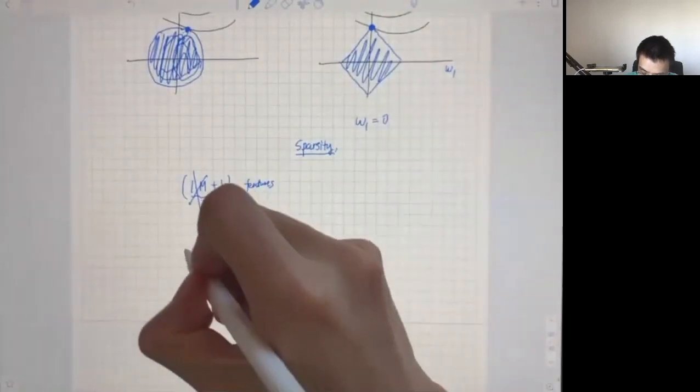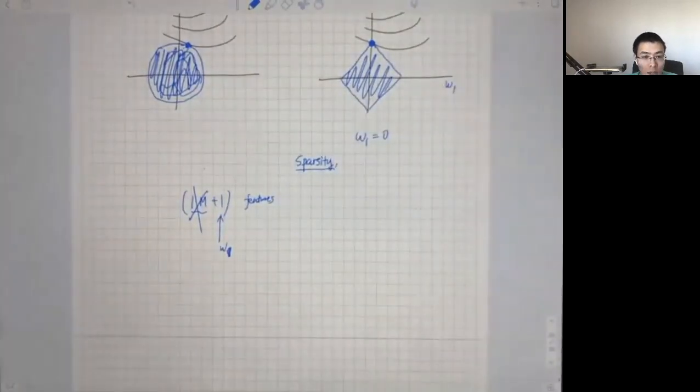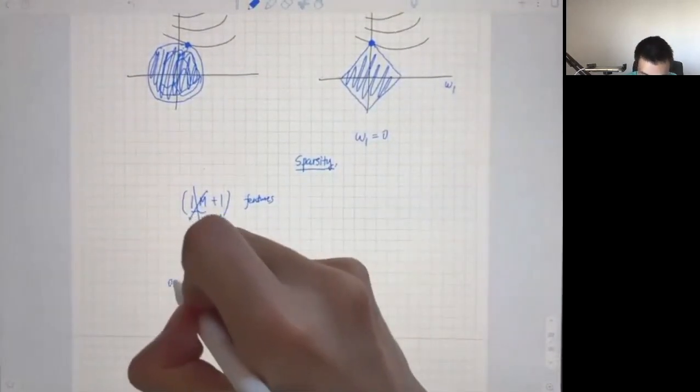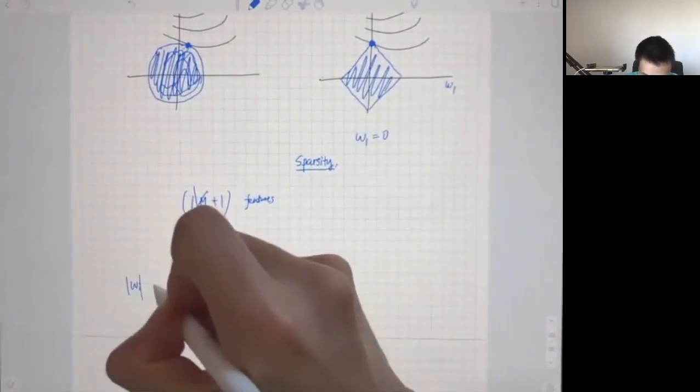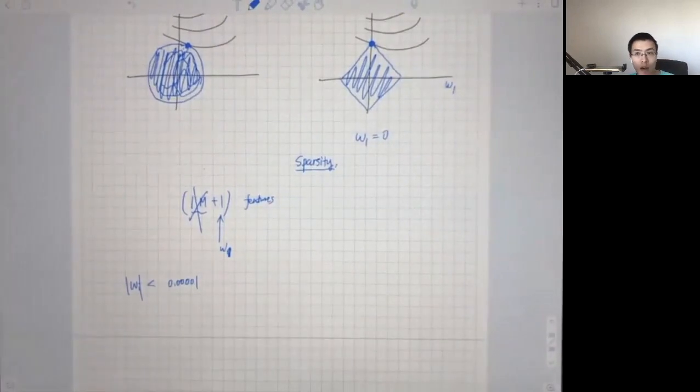But if your weight is not exactly 0, maybe I say my weight is 0.001, for any i, the absolute value of the weight is less than 0.001.